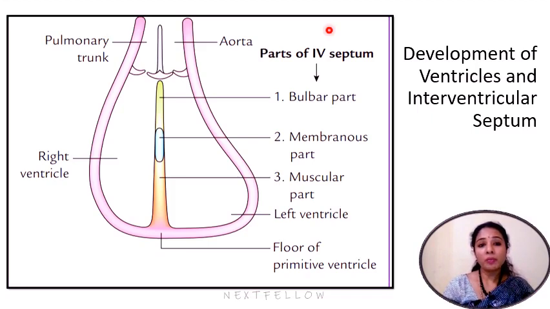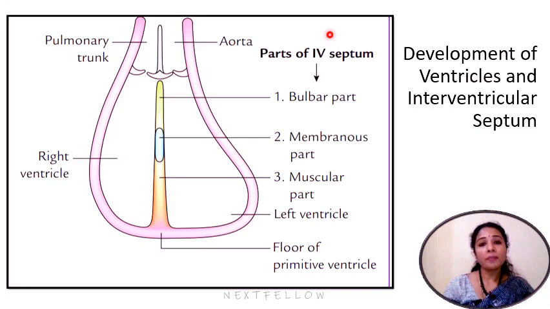So the bulbar part develops from the right and left bulbar ridges. This bulbar part is from right and left bulbar ridges, from the conical part of common ventricular chamber. The two ridges, the right and left bulbar ridges, develop in the distal part of bulbus cordis, and they grow and approach each other, fusing to form the bulbar part of IV septum.